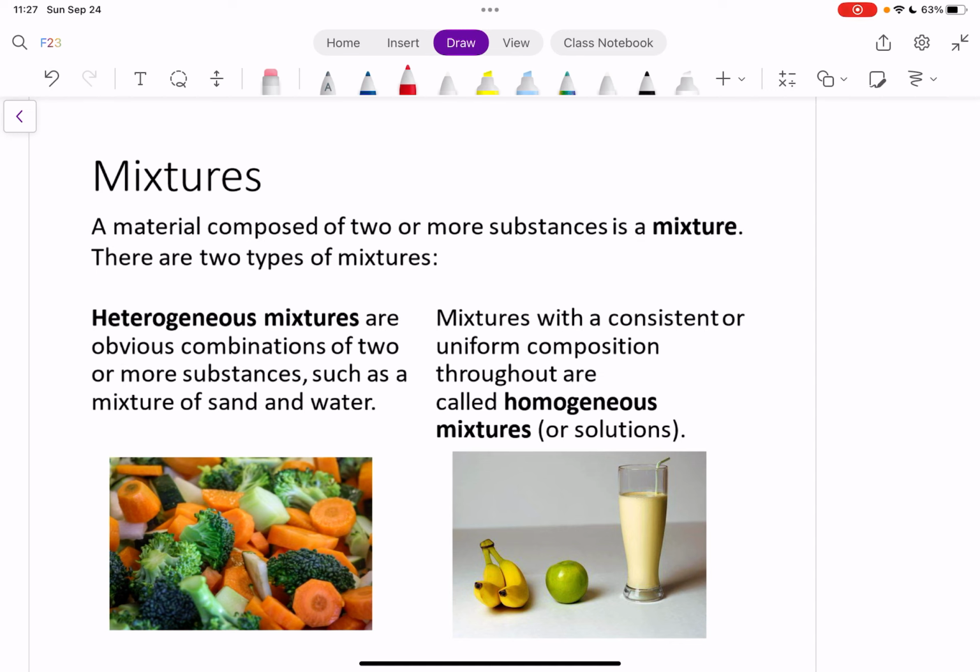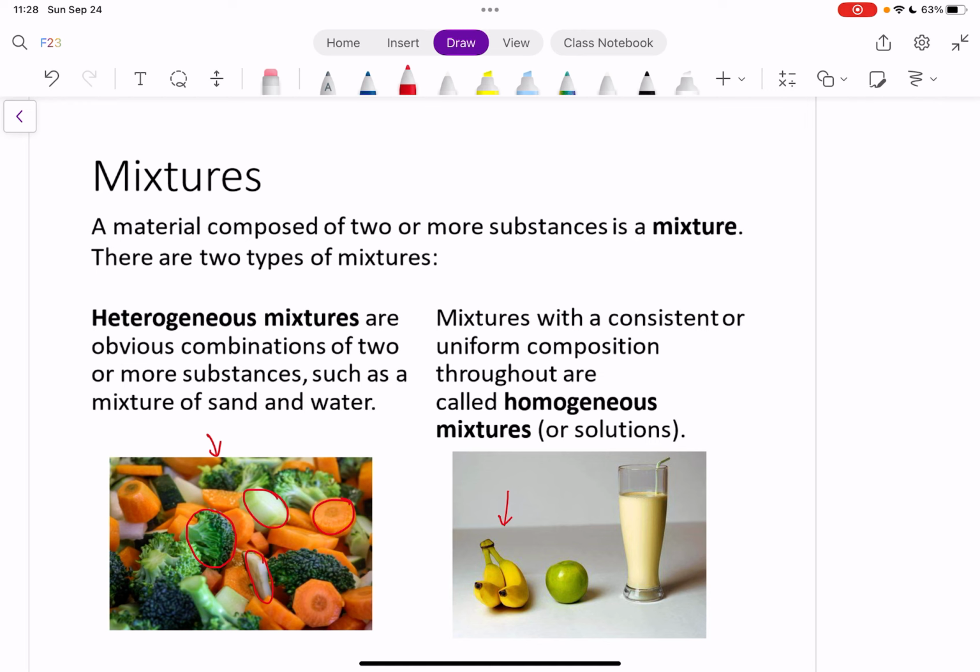So let's think about this for a little bit, because I know this is a lot. If we look at this veggie medley here, we can see all of these different parts of the mixture. We've got some broccoli, celery, carrots, and I don't know what that is, maybe a mushroom or an onion. We can see and pick apart all of those different parts of the mixture, so that would be heterogeneous.